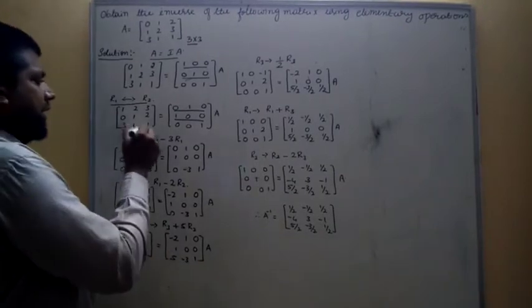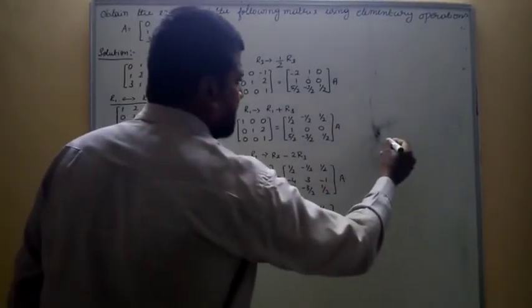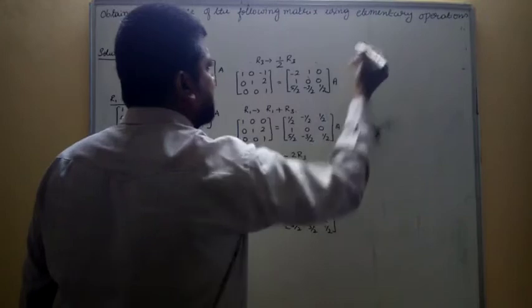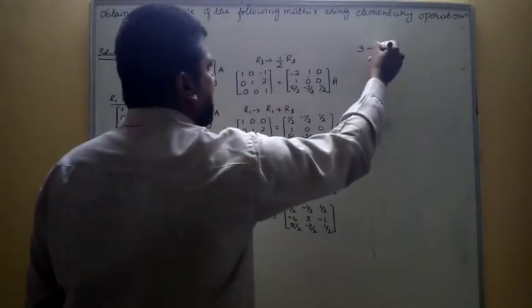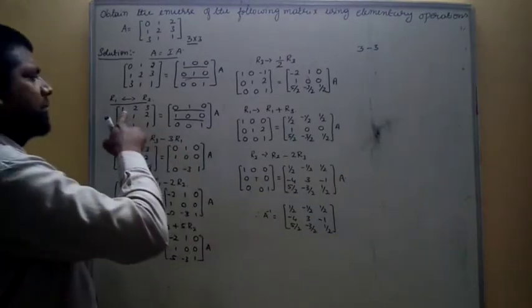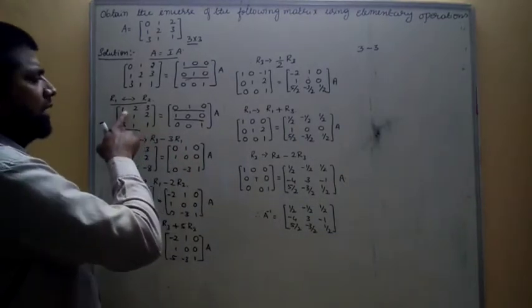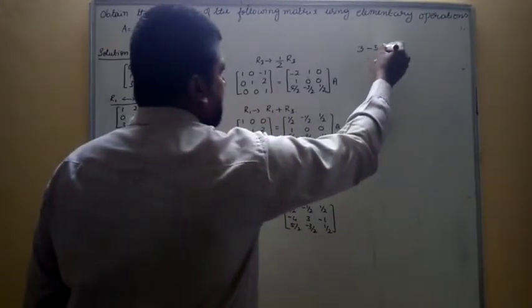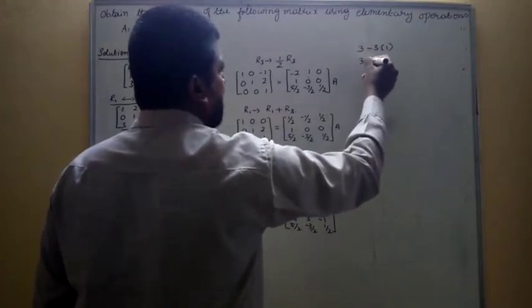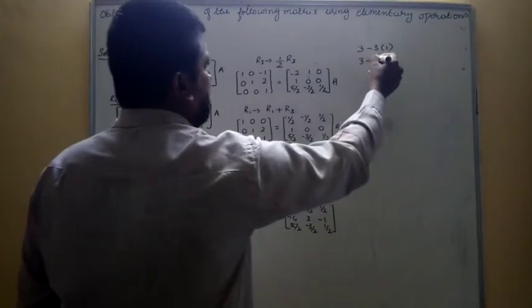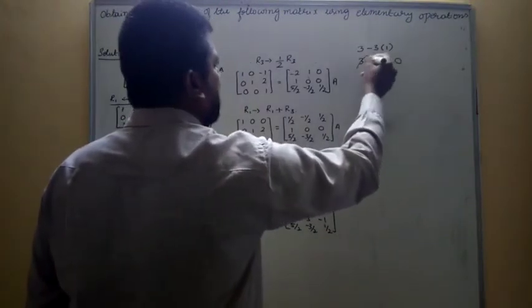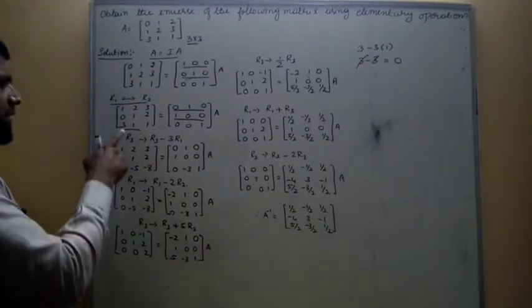So here the row 3 first element is 3, minus 3R1. R1 is here 1. So 3 minus 3 is 0. So you got the 0.